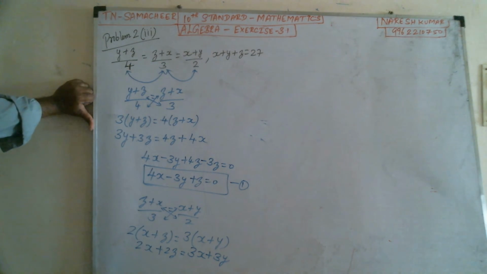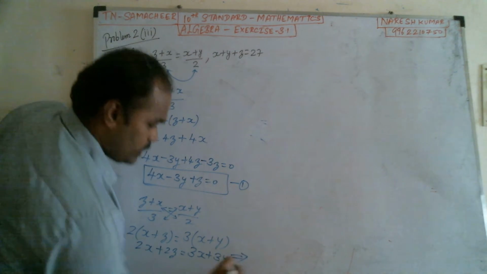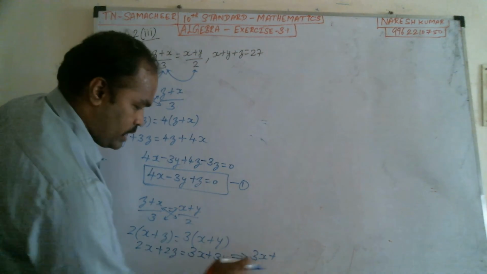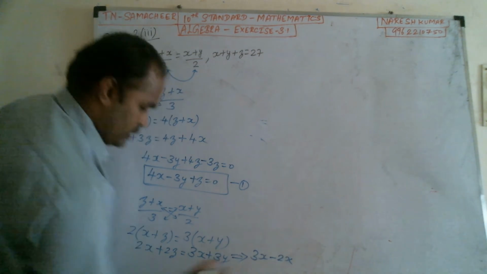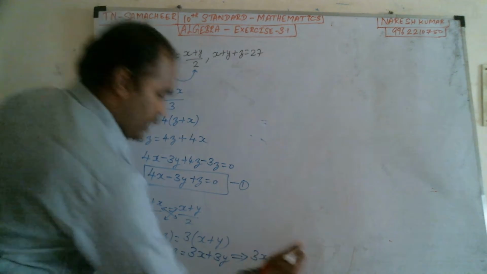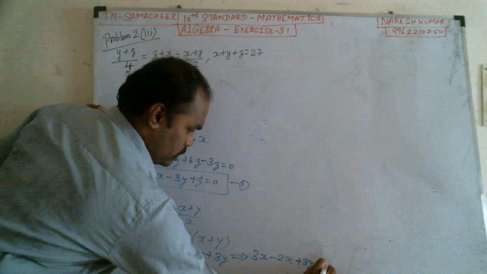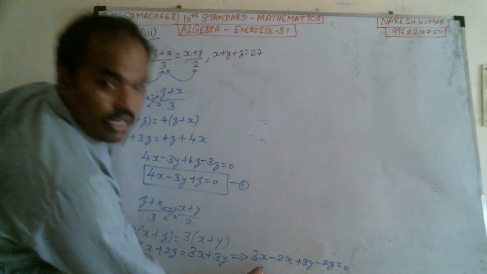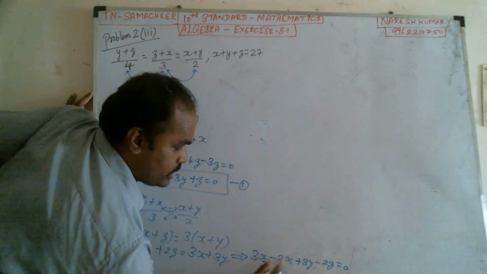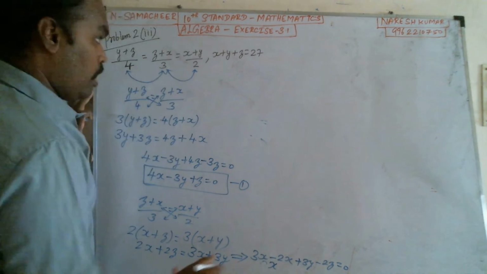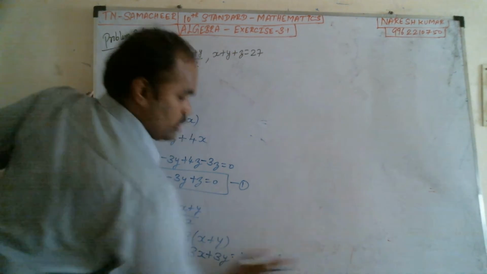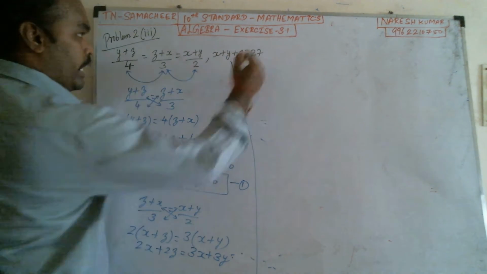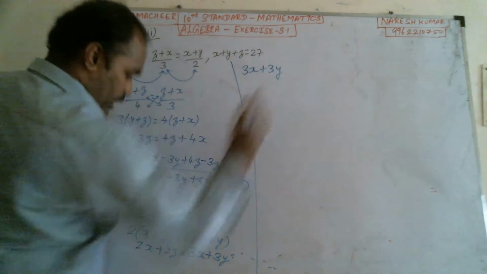How do we form this equation? Wait, once again, I will do it here. 3x plus 3y is there as it is.